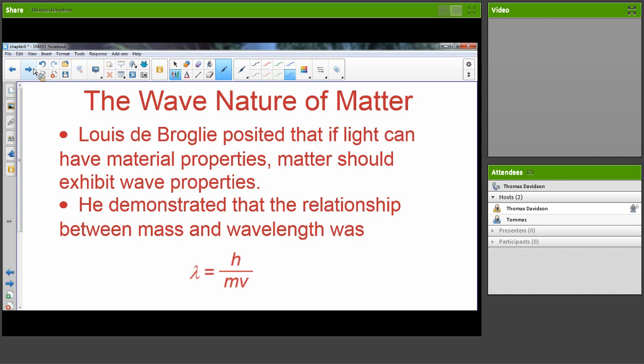So along comes Louis de Broglie. He proposed that if light can have material properties, matter should exhibit wave-like properties. He demonstrated that the relationship between mass and wavelength was that. So you yourself are a wavelength.